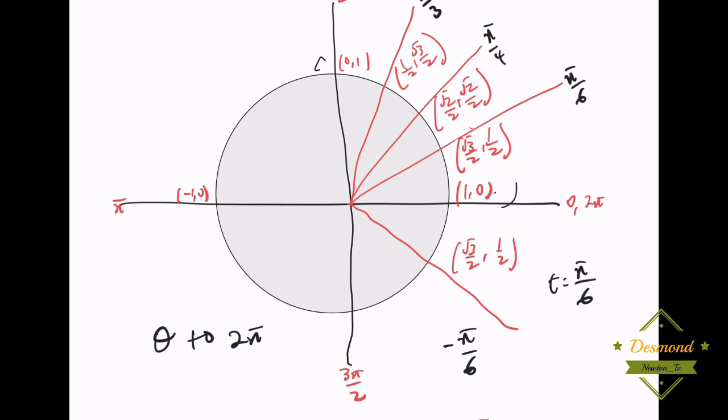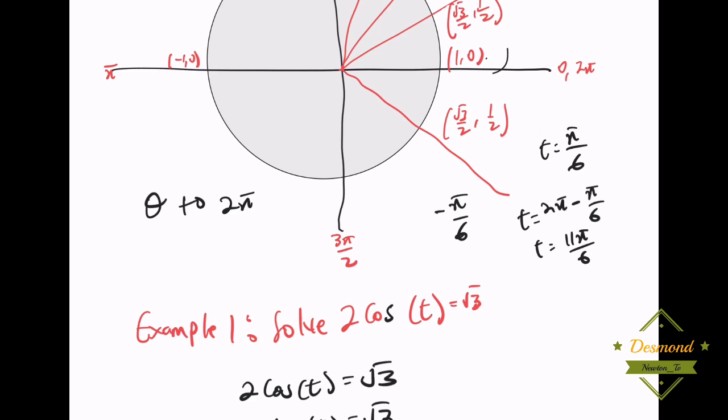The positive angle will be t equal to 2 pi minus pi on 6, and when you subtract that, you should get t equal to 11 pi on 6 radians.